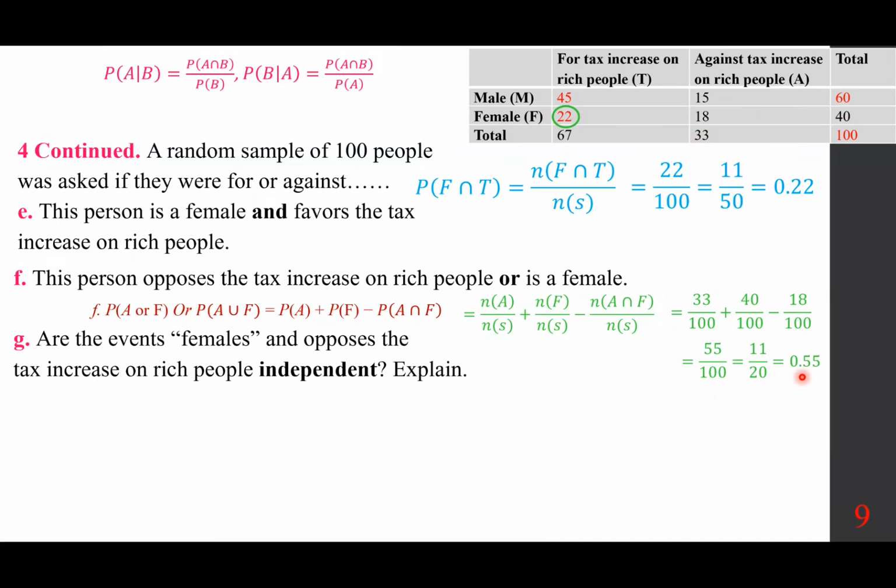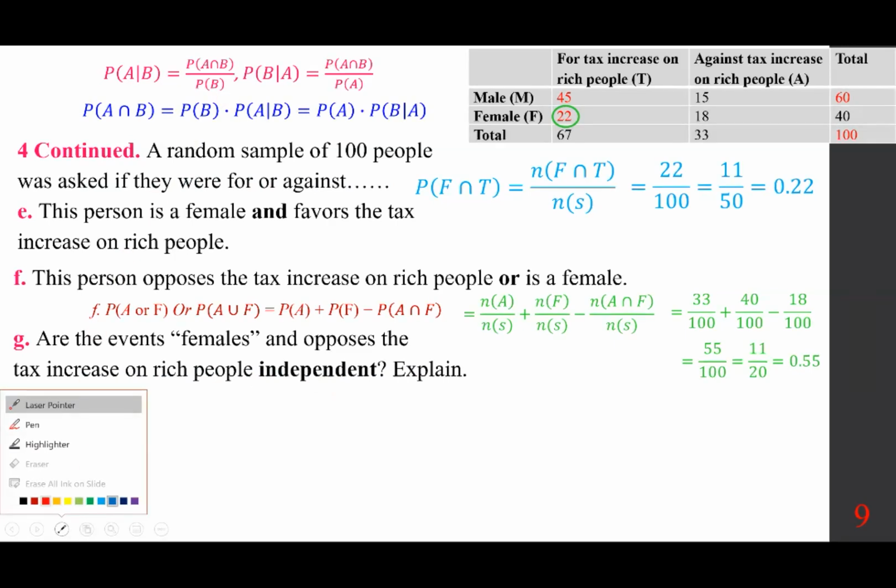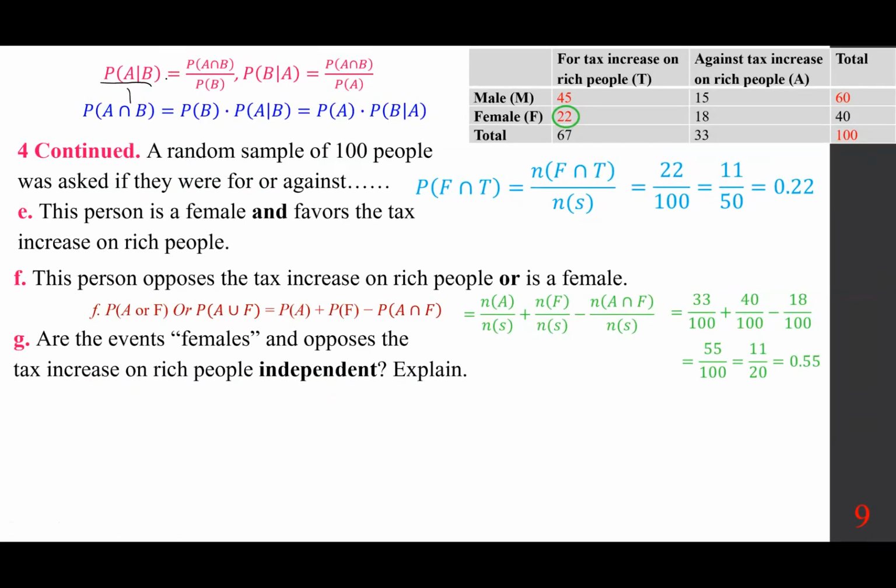Are the events females and opposes the tax increase on rich people independent? Let's look at the definition of independent. If we look at these two and we do the cross product, you put a 1 here, and you could do the cross product here.